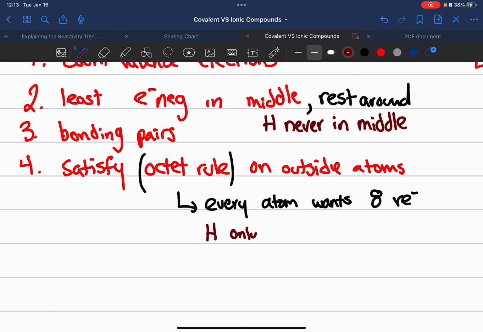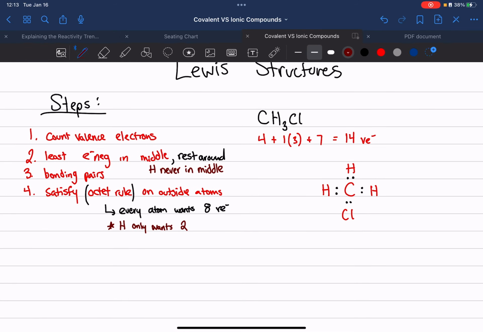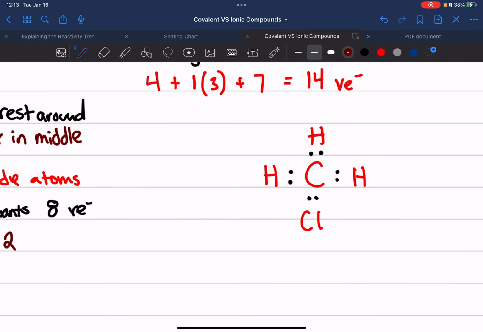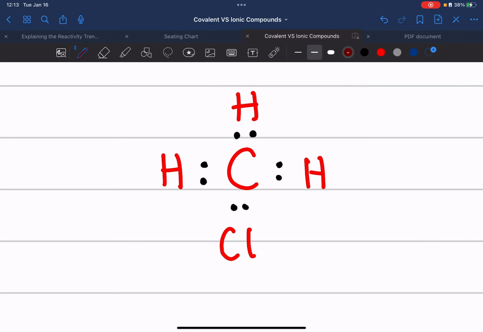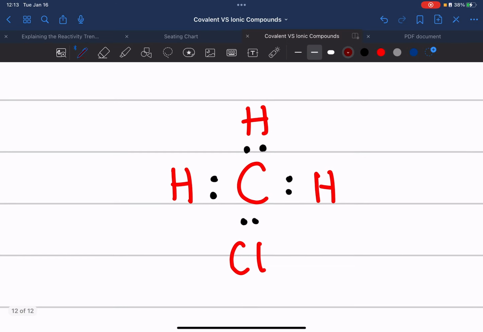Hydrogen only wants 2. So every atom wants 8, hydrogen only wants 2. Let's come over here and check if we have satisfied the octet rule. Let's look at my hydrogen here. He has 2 electrons right now, which is all he wants, so he's chilling. This hydrogen is also chilling, and so is this guy.